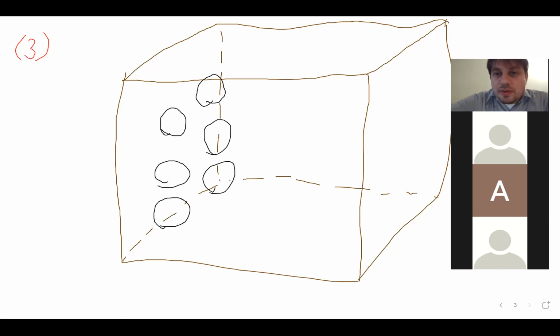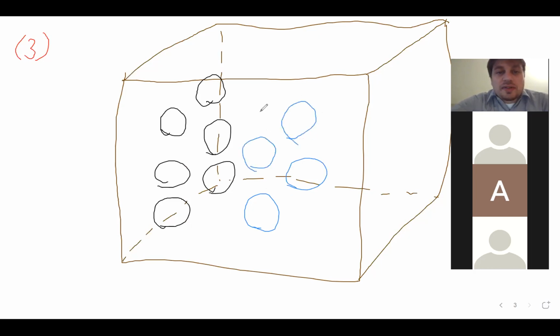So what I'm going to do is represent the white with light blue. So 4 of them are white. I was trying to do perspective, so I'm going to try to keep this perspective.